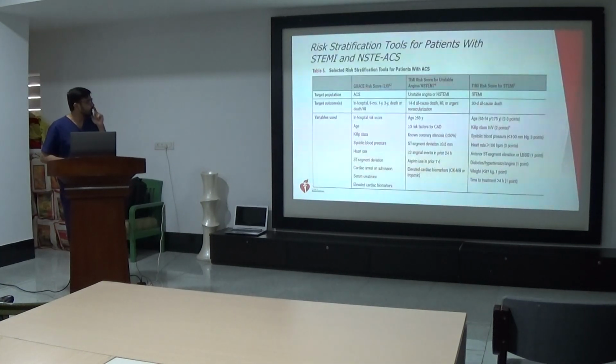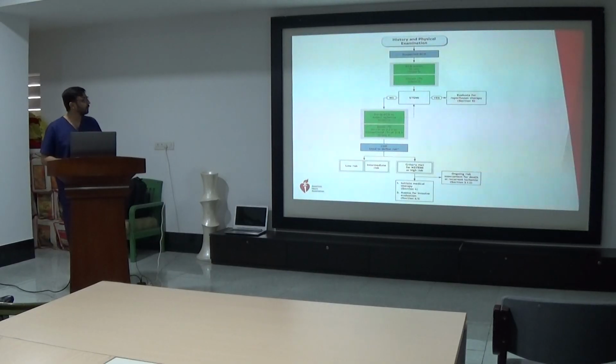So these are the scores they developed for risk stratification when patients come into hospital, out-of-hospital assessment and after in-hospital assessment. According to their score, they will define the patient as intermediate risk, low risk or high risk. So basically they summarize: when a patient comes, take a history, do vitals, take a baseline ECG and then do a physical examination.